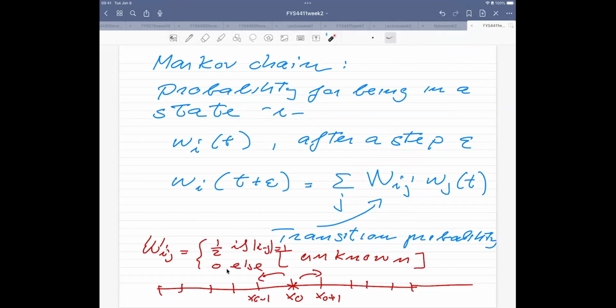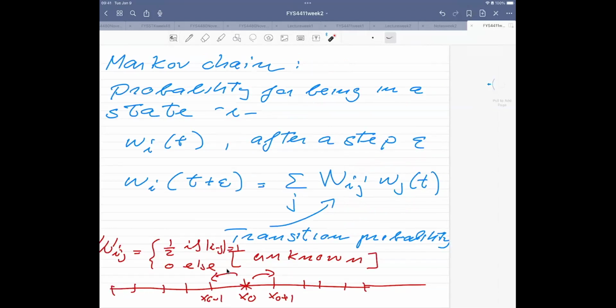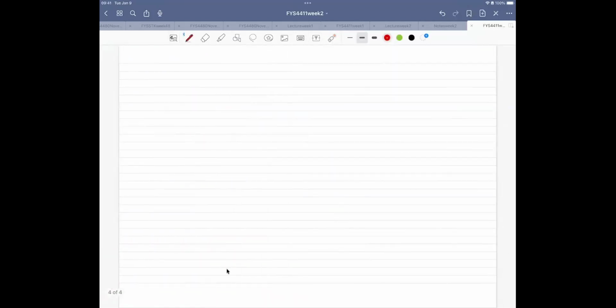First of all, I wanted to say a little bit about this matrix W. I'm representing everything as matrices. You can translate everything you do here into an integral equation, but I often find it more convenient to use a matrix-vector representation. So let's take a look at the quantities which we need.